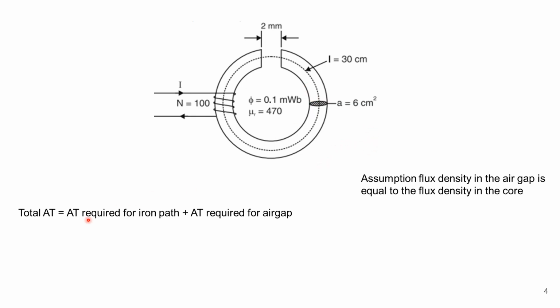So we are going to find the ampere turns required for the iron path and the ampere turns required for the air gap. If you add these two, we get the total ampere turns. Total ampere turns divided by the number of turns N, 100, gives the I value. Here we are assuming the flux density in the air gap is equal to the flux density in the core.